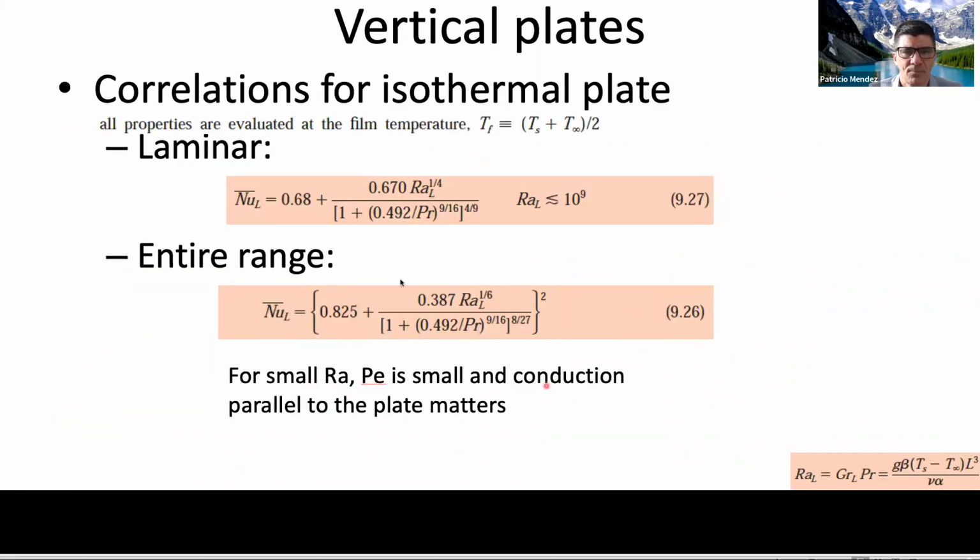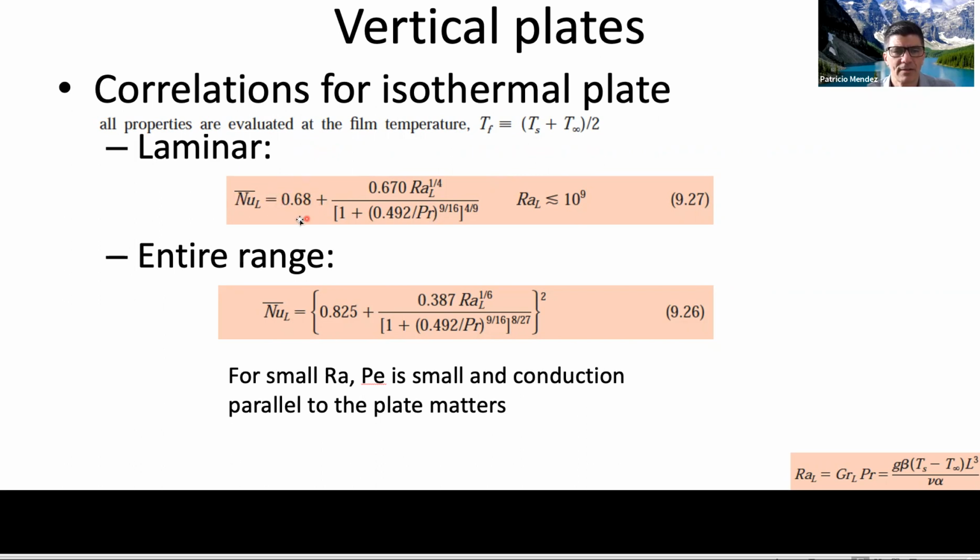The correlations I'm showing you here are empirical. Let's say you want the average Nusselt for a vertical plate that is at constant temperature. Here you see for high Rayleigh numbers, and the Rayleigh number can span many orders of magnitude, Rayleigh number to the 1/4, as we had already seen. And here we have some business with the Prandtl number, to accommodate a broad range of Prandtl numbers. You see this constant value here?